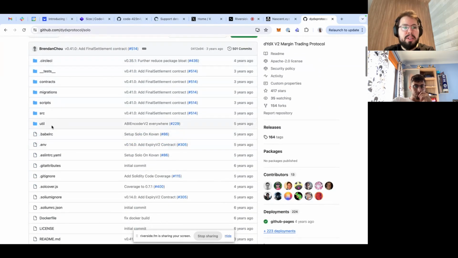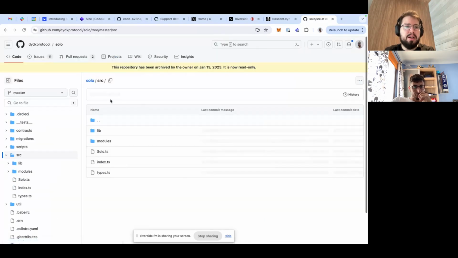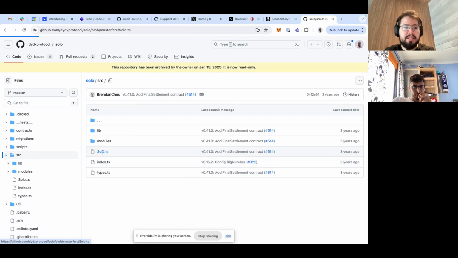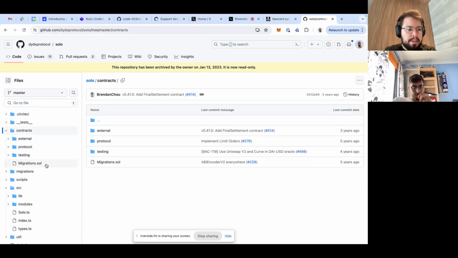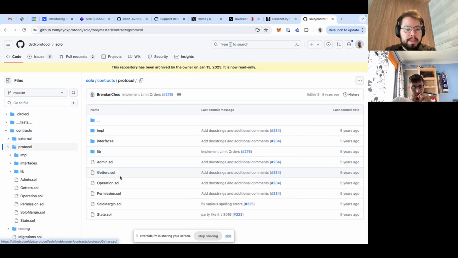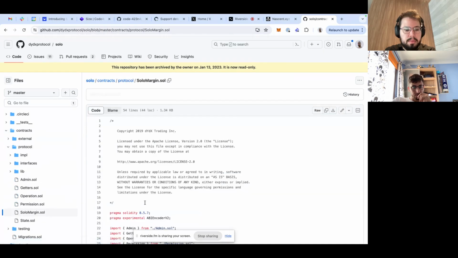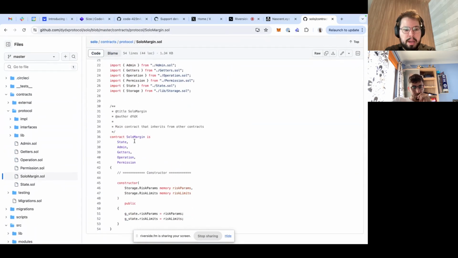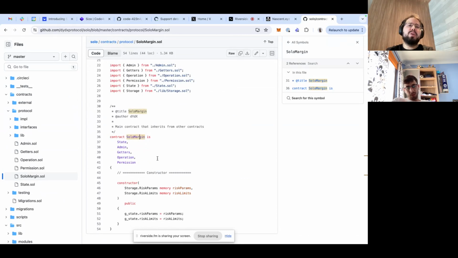But if you go here, this is the code from dYdX. They also have a single entry point, and they have a global state, a global storage variable.